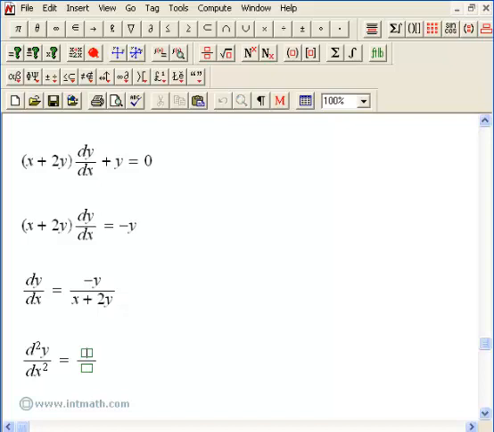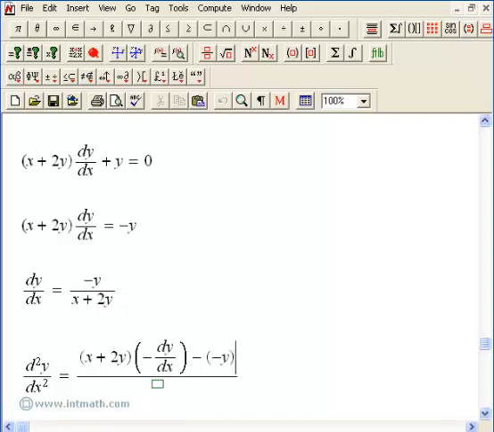so it was bottom times derivative of top, so that's going to be negative dy/dx, then minus top times derivative of bottom.